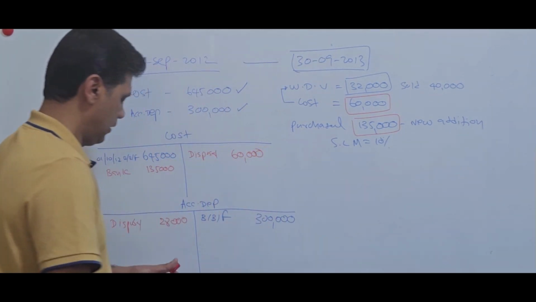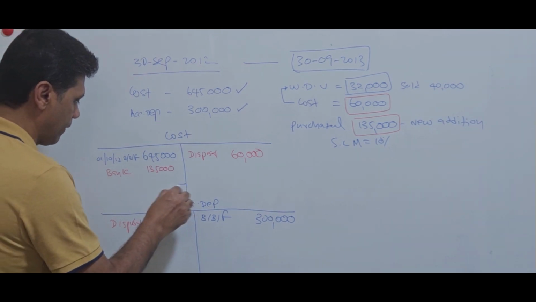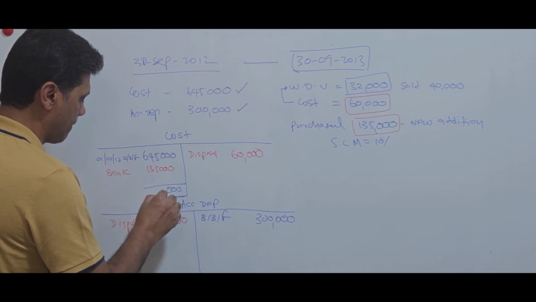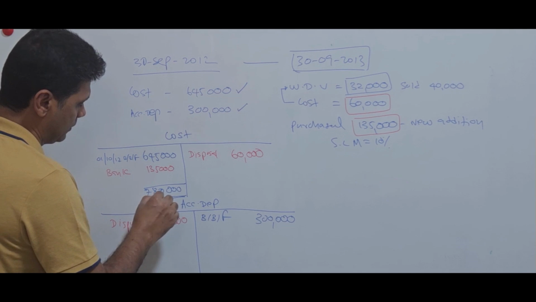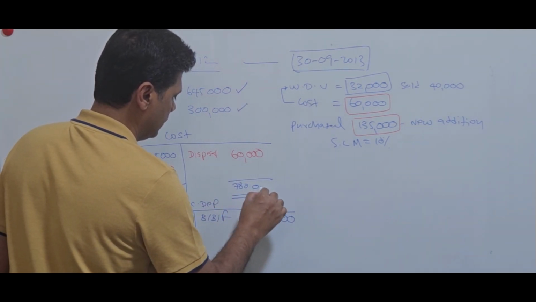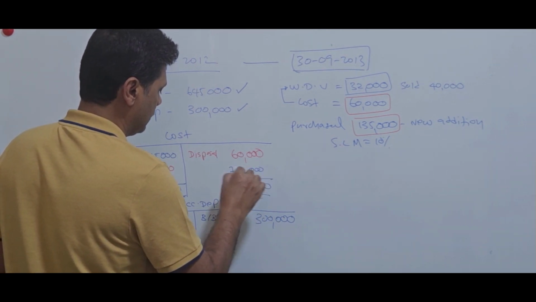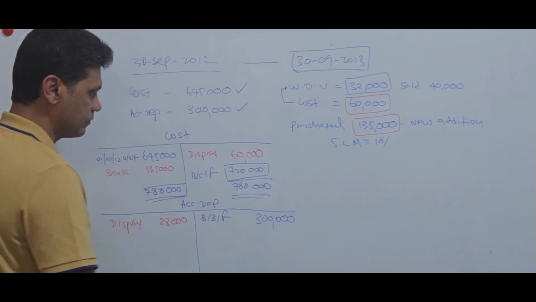Now, what is the closing balance of this account? The cost is 780,000. So here 720,000, the closing balance carried forward.